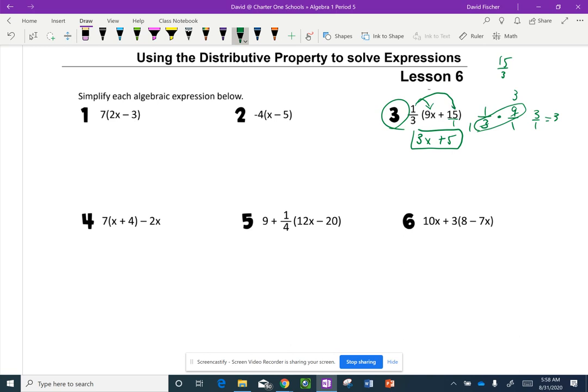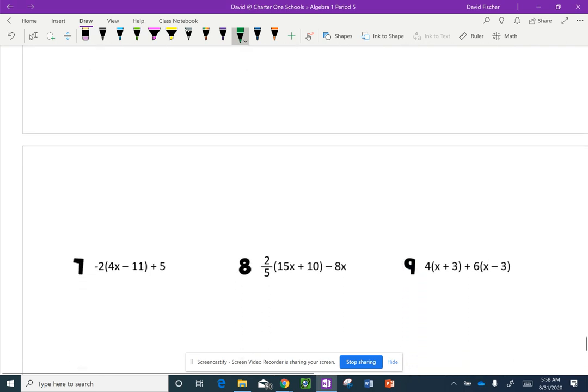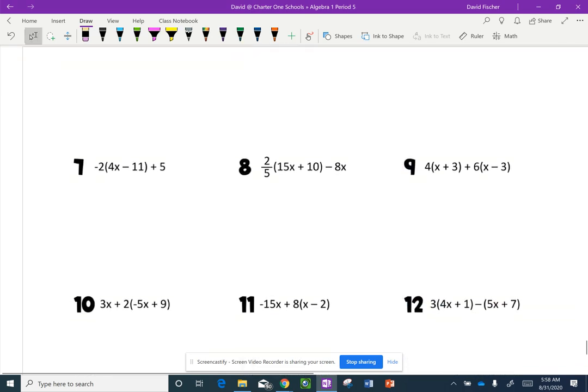But show your loop-de-loos, I call them, because again, we're going to get more than 2 terms inside our parentheses. So come up with a way that you're keeping track that you've taken care of the number out front and you're multiplying it times everything inside the parentheses. And I wouldn't, just like I did, bad example, I wouldn't draw all of my little loop-de-loos like that.